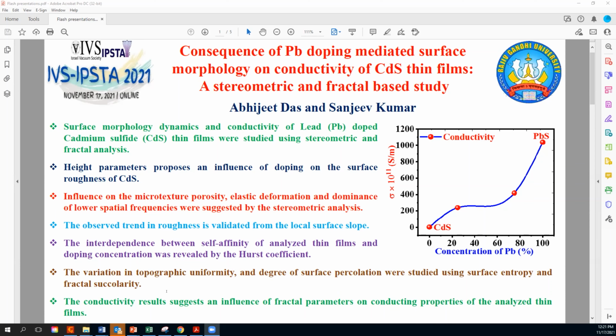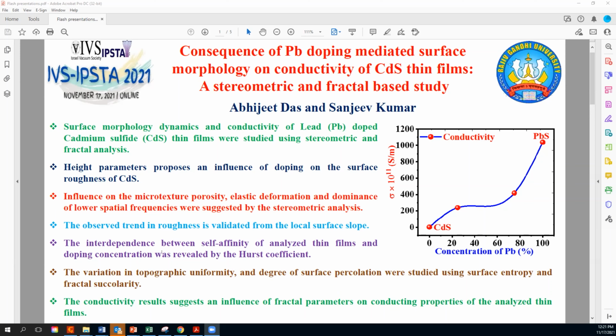We have computed the height parameters, and they show a non-linear trend with increasing doping concentration on the surface roughness of CdS thin films. Based on the stereometric analysis, we have observed an influence of Pb doping on the microtexture, porosity and elastic deformations, and dominance of lower spatial frequencies in the surface of cadmium sulfide thin films.